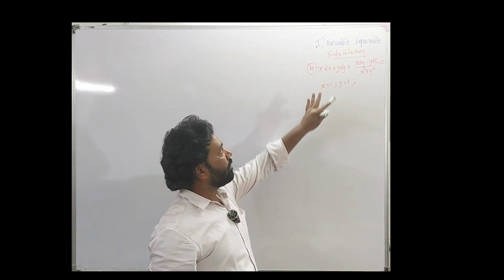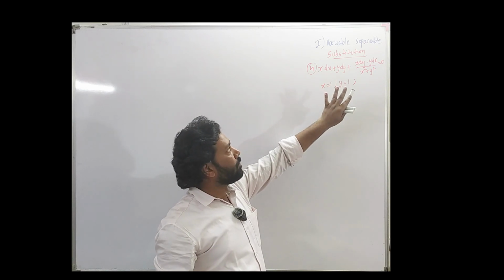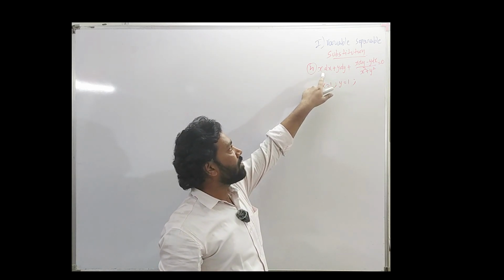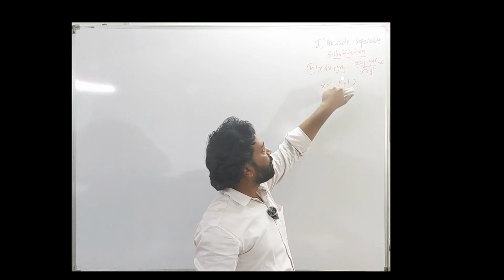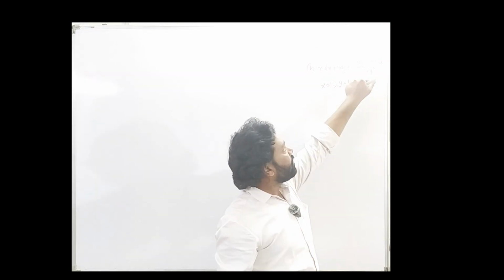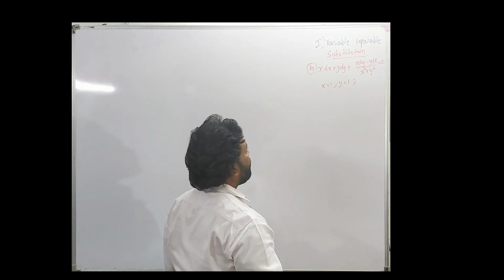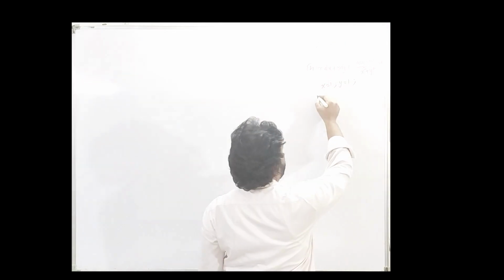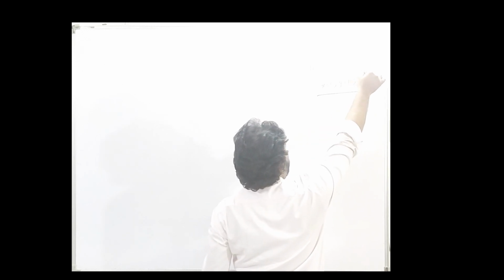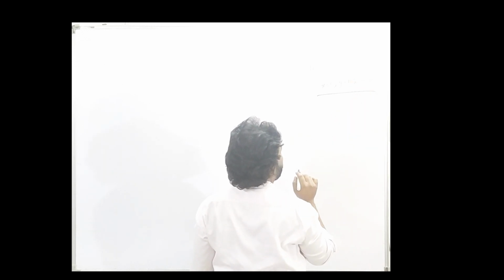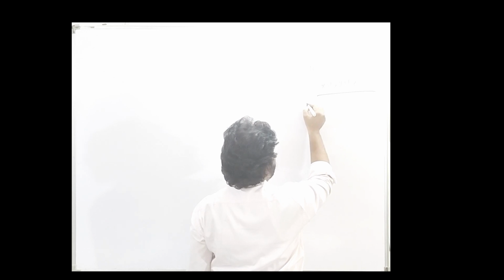It's once again cannot be separated into variables easily. The integration of this term is simple, x square by 2. Integration of this term is also simple, y square by 2. But here we have some complexities. So let's try to take out x square common from numerator and denominator.